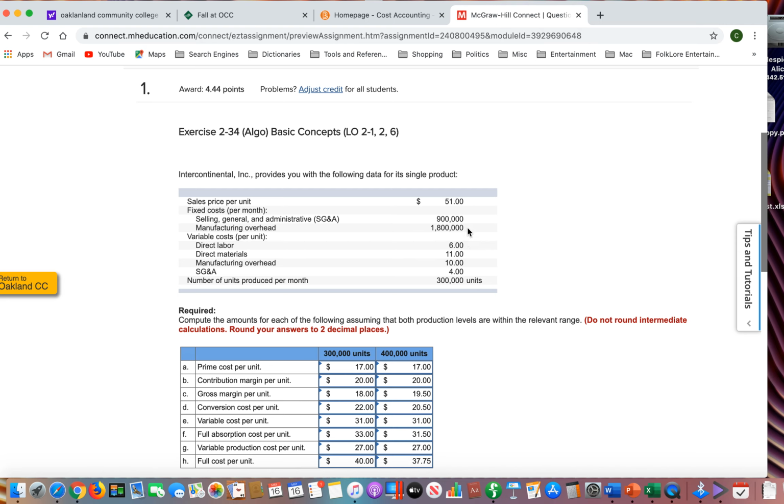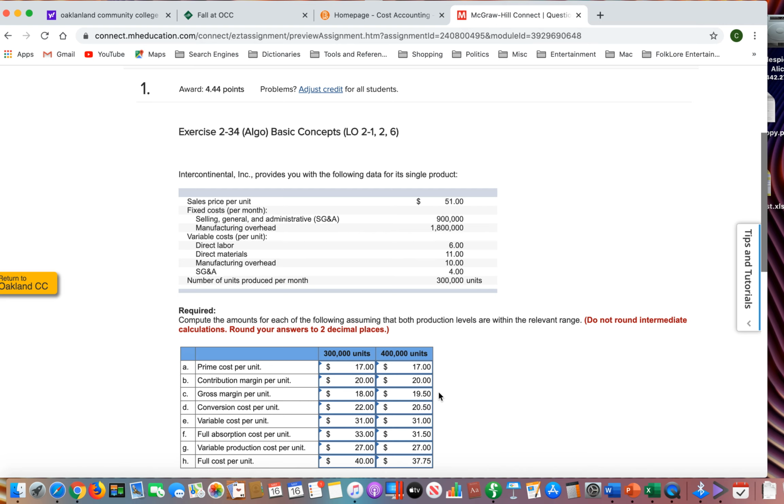Your fixed cost here, manufacturing overhead of $1.8 million, divided by that. And then if you take $1.8 million and divide it by 400,000, you'll get $4.50.